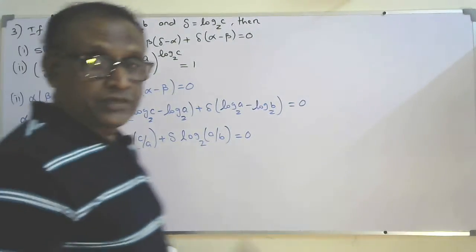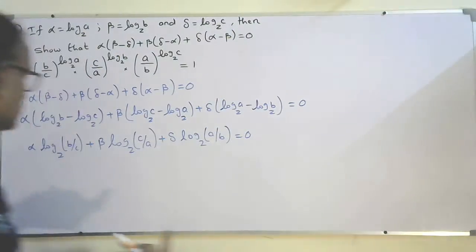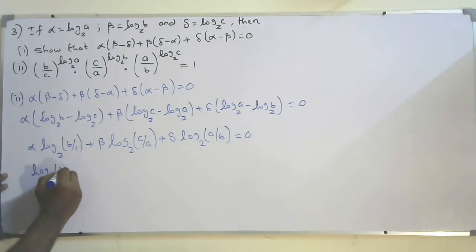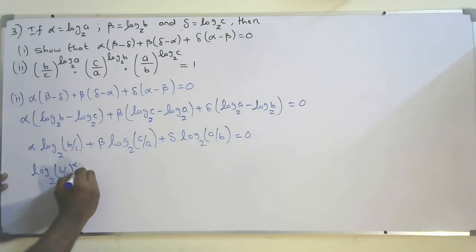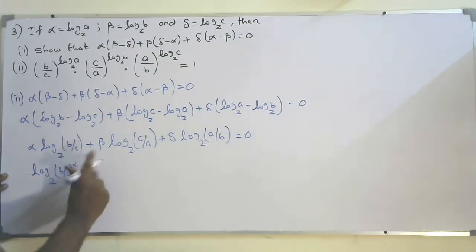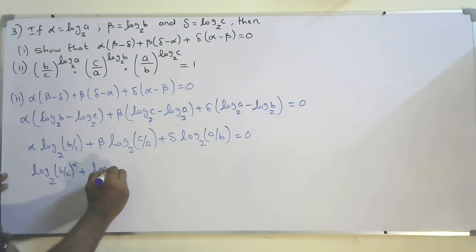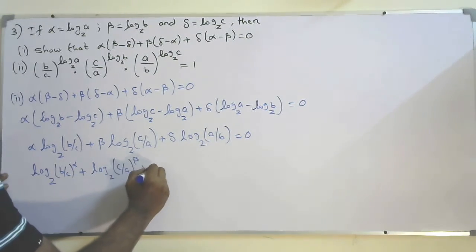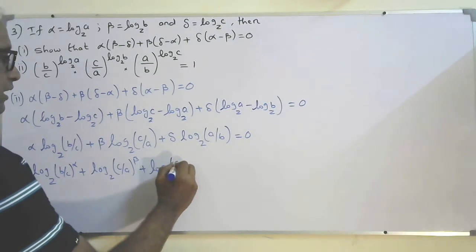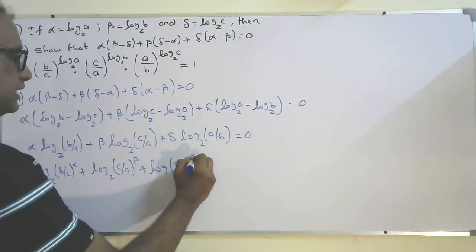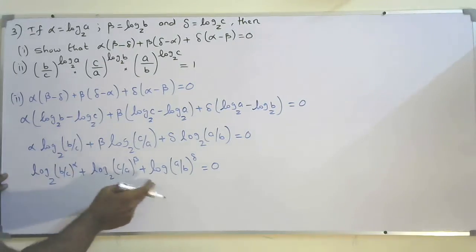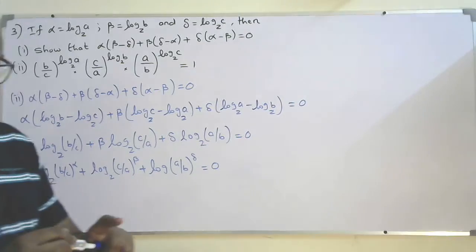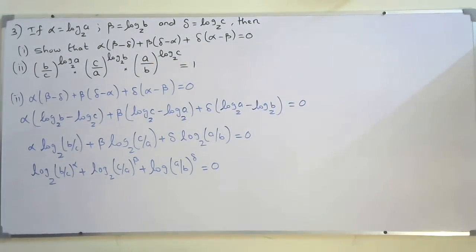Okay, now I'm going to use the power rule. If I use the power rule, that will be log z of b over c to the power alpha, plus log z of c over a to the power beta, plus log z of a over b to the power delta, equals 0. I used the power rule now. Right, now I can use the product rule.